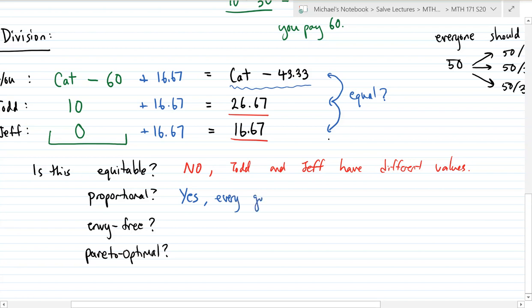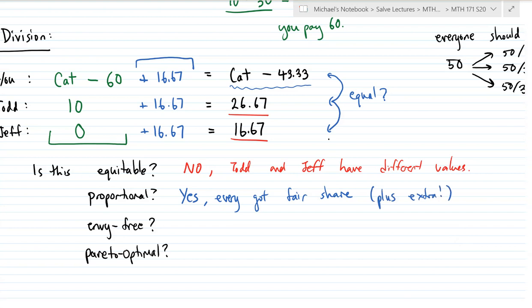And this extra piece in blue over here, this was just a bonus on top of everyone's fair share. So everyone got their fair share plus extra. And so Knaster's inheritance procedure is made to be proportional and always kind of even better than proportional if you want to think about it that way. You get your fair share plus everyone benefits a little bit. Is this envy-free?